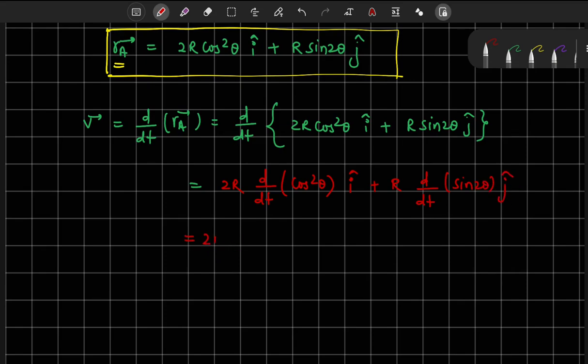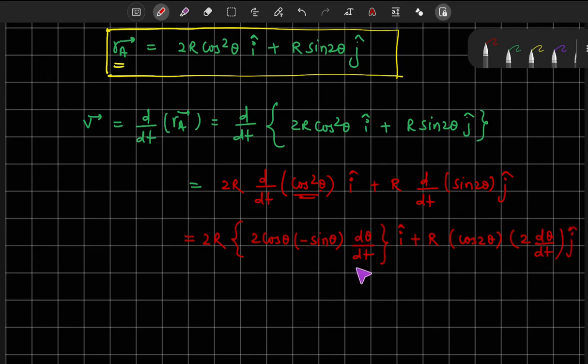The differentiation of cos square theta is 2 cos theta into the differentiation of cos theta, which is minus sin theta, and the differentiation of theta is d theta by dt, i cap, plus R times the differentiation of sin 2 theta, which is cos 2 theta into the differentiation of 2 theta, which is 2 times d theta by dt, into j cap.